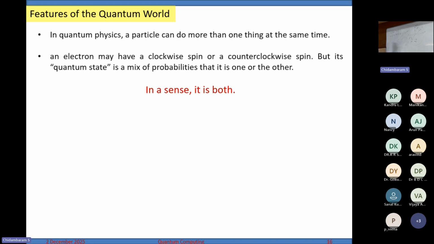Okay, so let us see this. We'll just directly go to the no-cloning theorem.